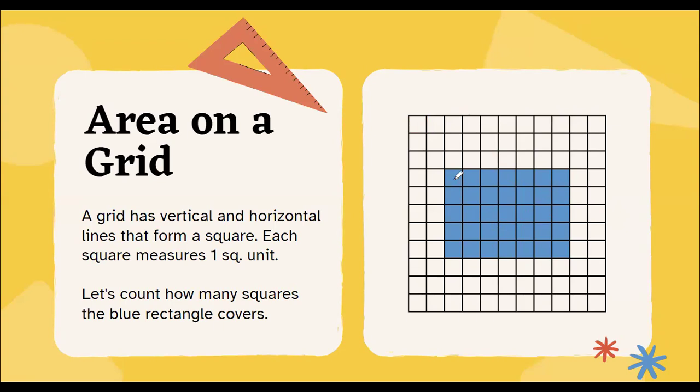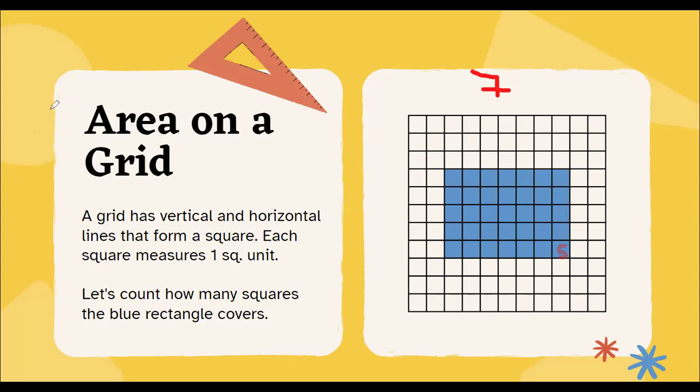First, you have to count the colored squares. 1, 2, 3, 4, 5, 6, 7. First write 7 over here. Now count like this: 1, 2, 3, 4, 5.